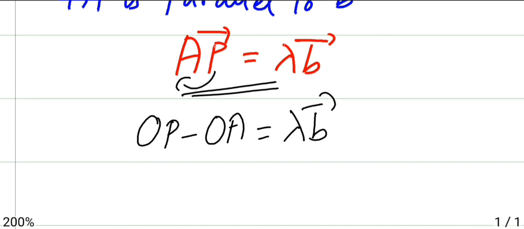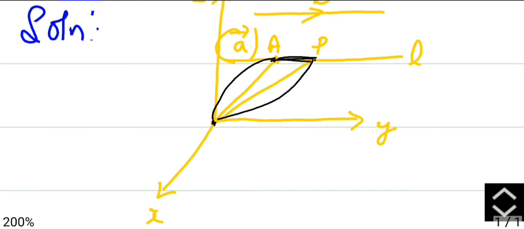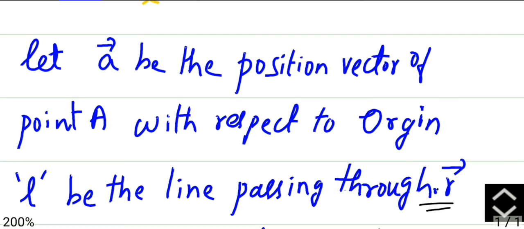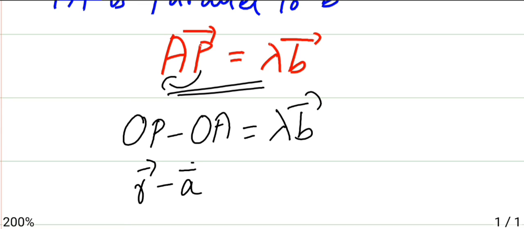So now we can see what OP is. OP is R vector and OA is A vector. So we write it here: R vector minus A vector is lambda B vector.